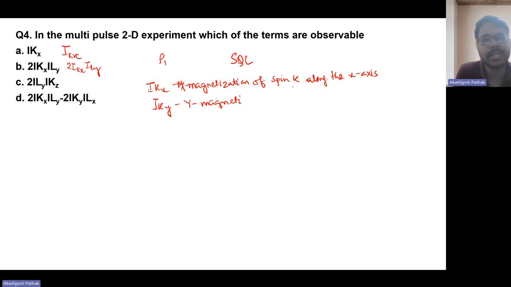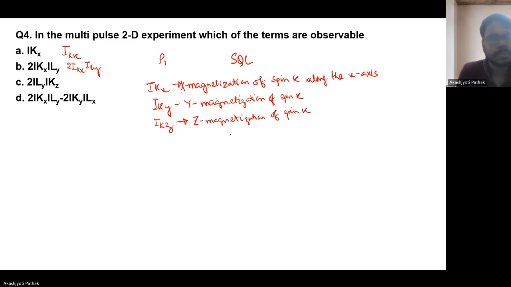It means Y magnetization of spin K. Then IKZ is Z magnetization of spin K. Okay. So these are the different terms. These are the different definitions, because these terms often come when we derive this expression.